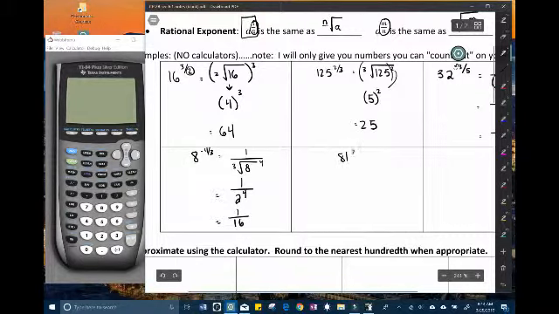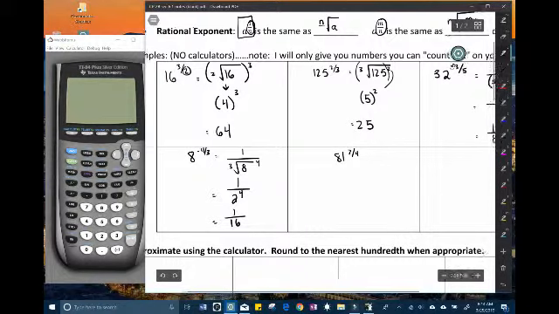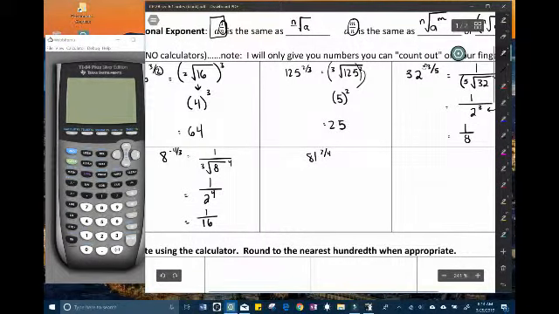81 to the 3/4. Let's check this one out. So in this case, it is really the 4th root of 81 to the 3rd. What times itself 4 times is 81? Well, that's actually 3. So we have 3 to the 3rd, and that is 27.